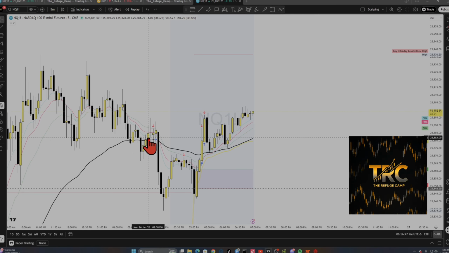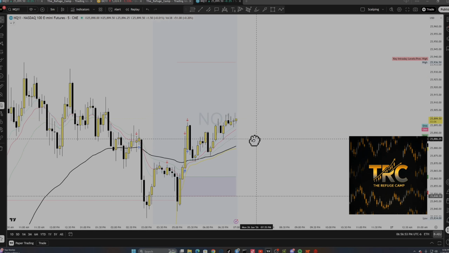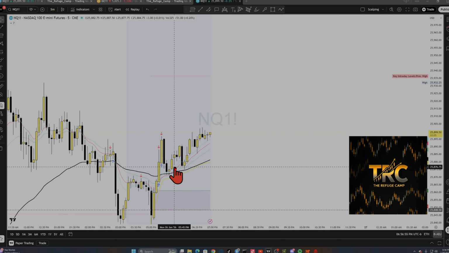Again, not great scalping opportunities. Small bodies, big wicks on both sides, not great. Where do we start seeing the great scalping opportunities? Minimal wick on the body, big bodies, equal wicks, right? We reclaim, retest, reclaim. Now we're getting into small bodies, we're leaving more wicks, we're in a consolidation phase.